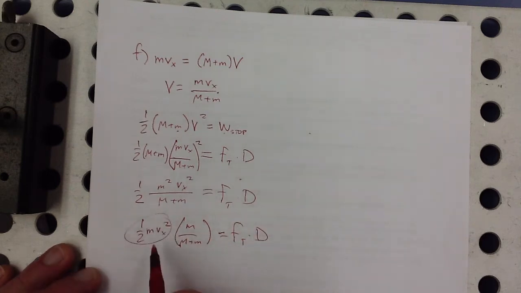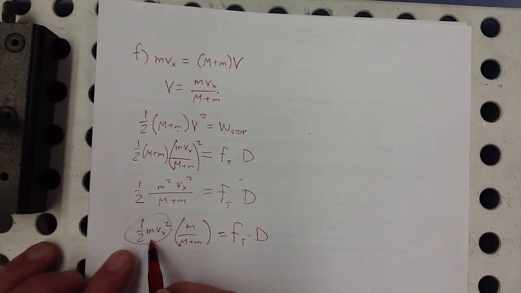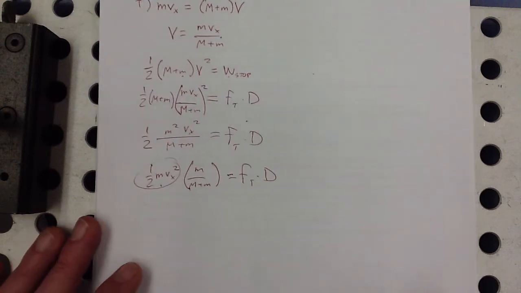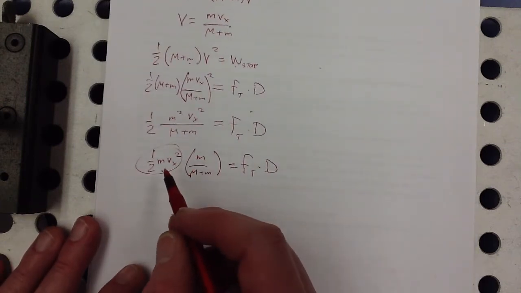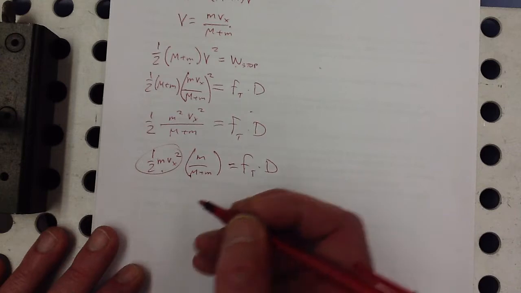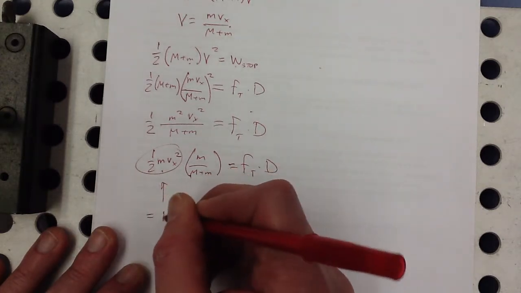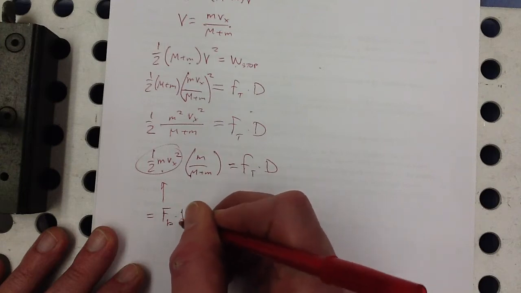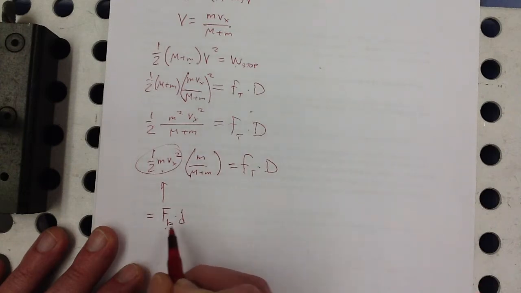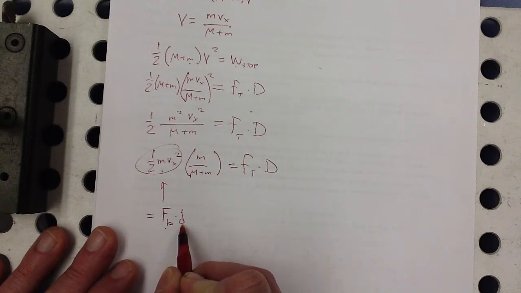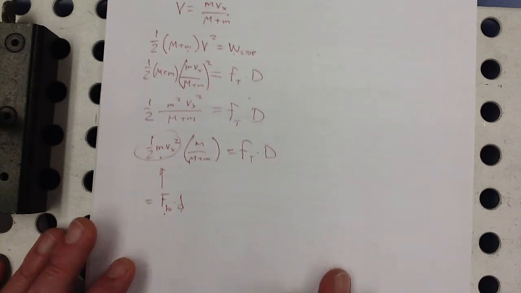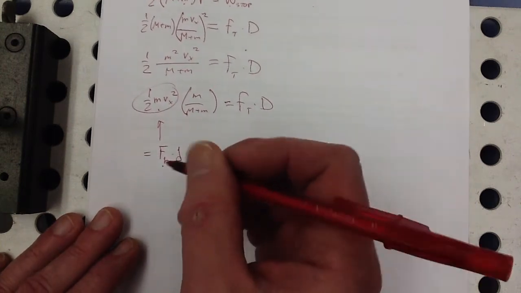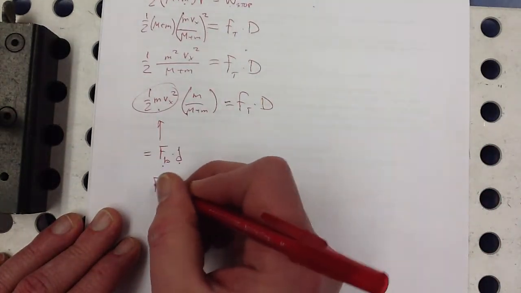And that's the initial kinetic energy of the dart, right? And we know that that initial kinetic energy of the dart is equal to, just like we substituted in the last problem, the force of the first time and that distance the first time. Right? We have that from earlier. So that's a really crazy trick there.